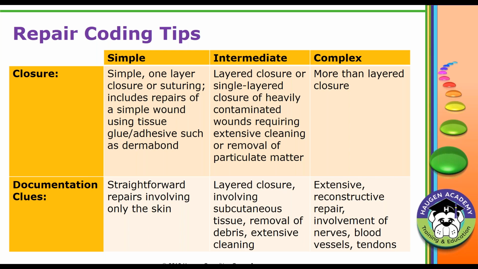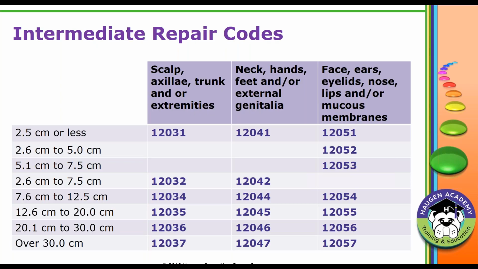So let's take a look at these repair codes, starting with intermediate. So again, here's another handy chart for you guys to reference if you're coding a lot of these. These are divided similar to our excision codes, but a little bit different. So the body area groupings are slightly different than the lesion codes.